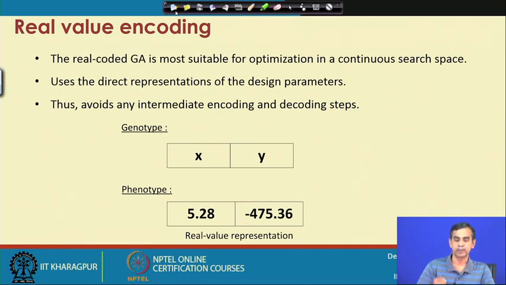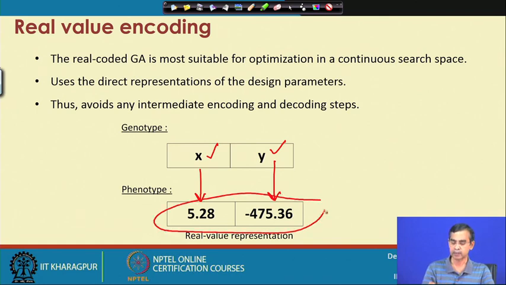Now, for example, if an objective function consists of two design parameters, namely x and y, and their values at any instant, say x is 5.28 and y is this one. So, this constitutes one gene combination or phenotype or chromosome. The chromosome consists of two values, one is 5.28 and this one.